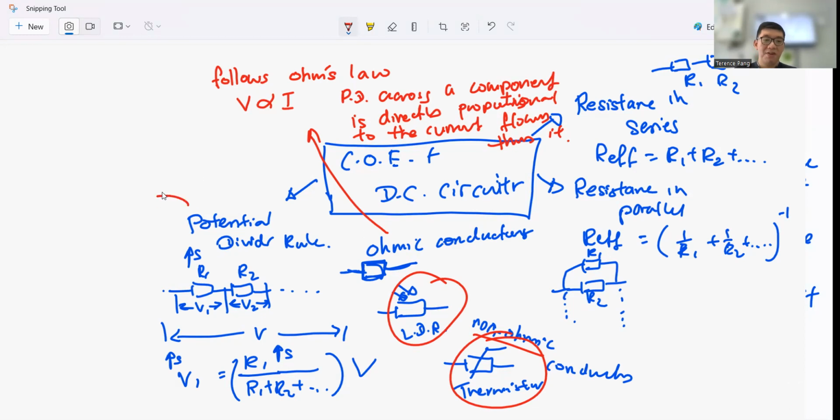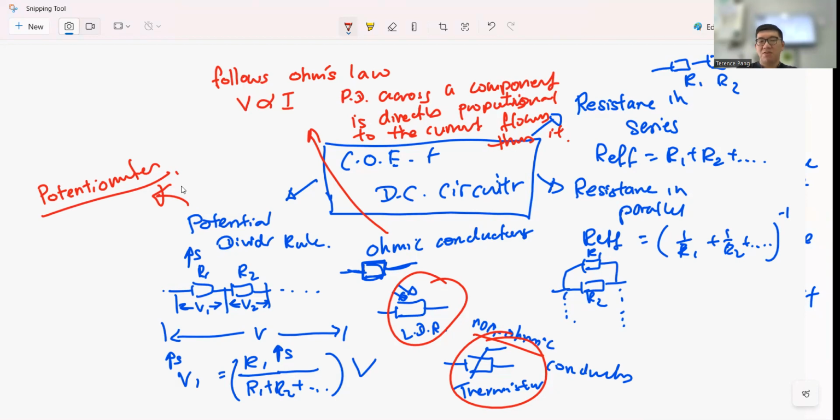PDR can also be branched out into other areas, like when you're using length. So potentiometers. A potentiometer is a device that changes in its length. I've not seen that much in H1 questions.